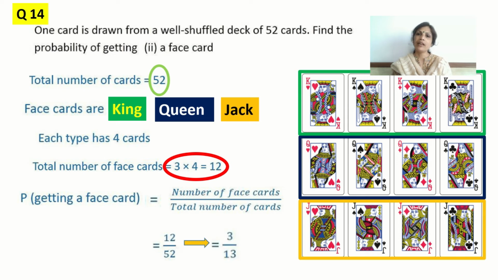Alright, it's very easy to solve the sum, children. The only important thing is you should understand the sum and you should be able to guess, when it is asked for the face card, how many. Quickly you should be able to count from a pack of 52 cards.